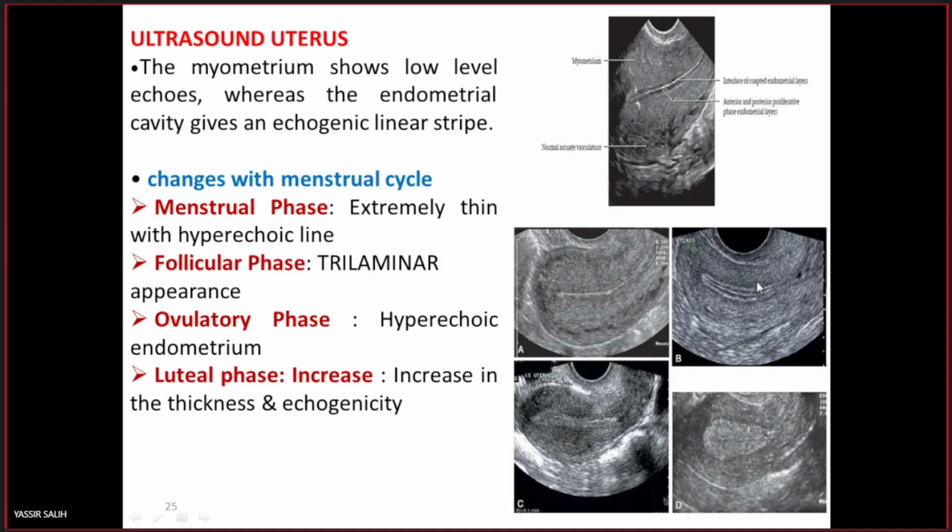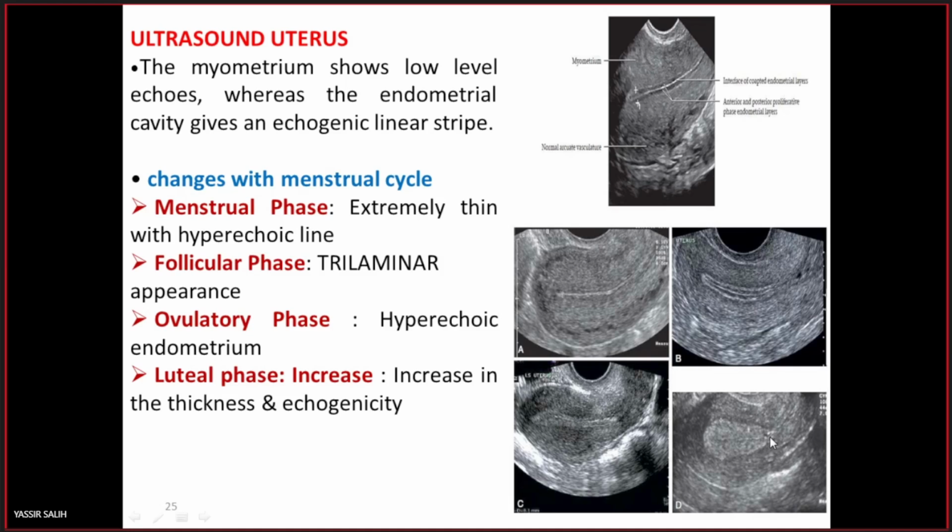In the follicular phase, the shape of the endometrium is trilaminar, 1, 2, 3 laminar. فإذا كان عندك appearance دي بتعرف إنه this is the follicular phase of the menstrual cycle. In the ovulatory phase, the endometrium is hyperechoic, and it becomes thick compared to the other phases. لاحظوا إنه هو hyperechoic but thick.